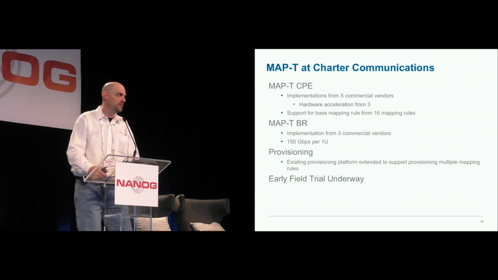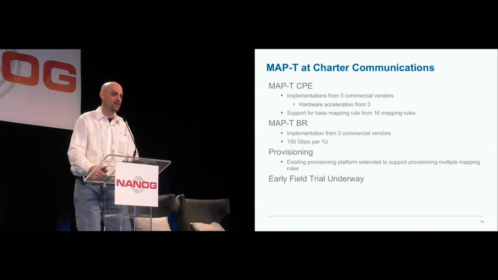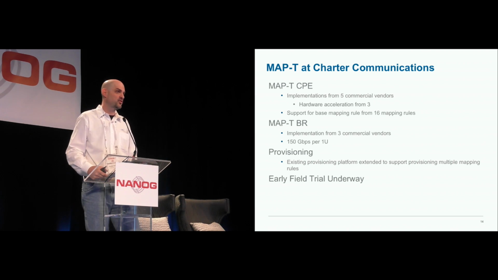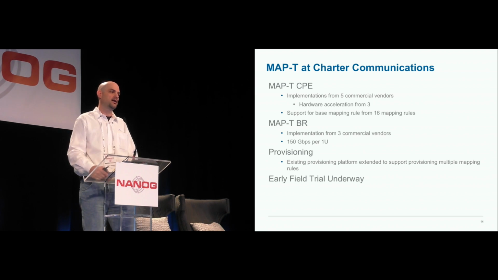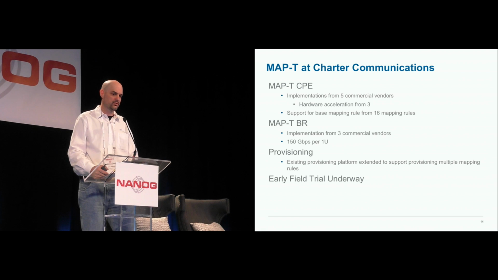We have 3 commercial implementations for the BR. We're currently seeing roughly 150 gigabits per second per 1U. It's easy to distribute things out. That's why I characterize it as 1U, and we anticipate improvements given new hardware and software optimizations. On the provisioning side, as I mentioned before, this was simple.